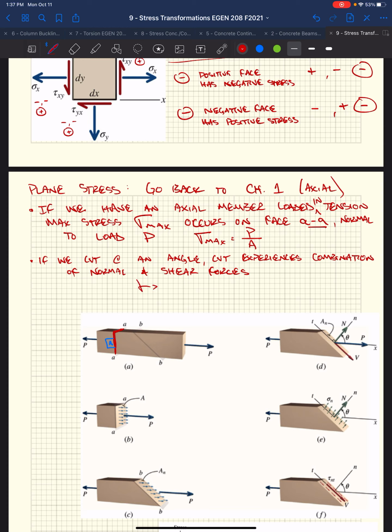Which essentially results in normal stress and shear stress, right?